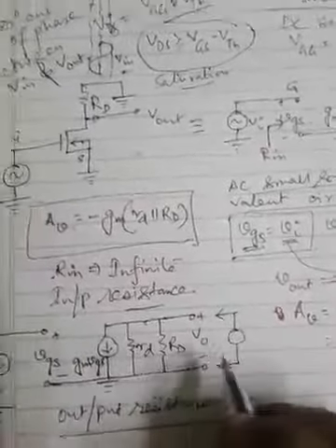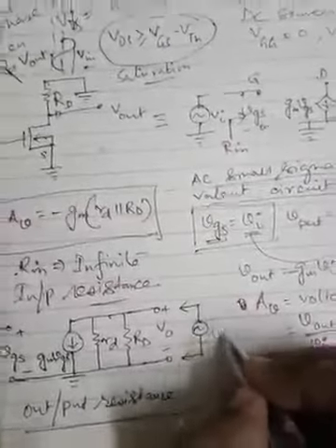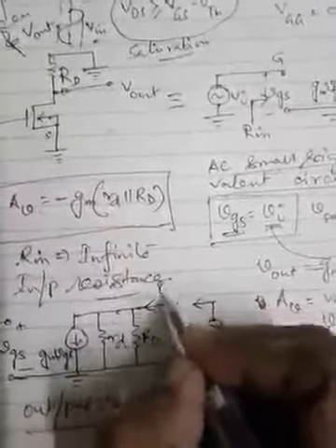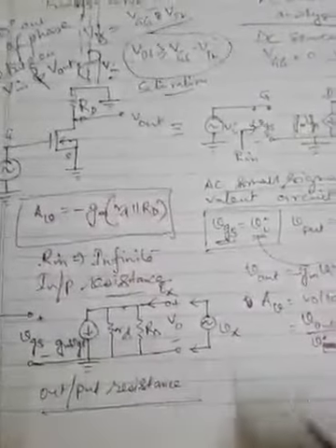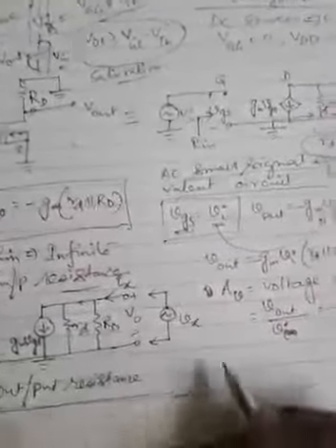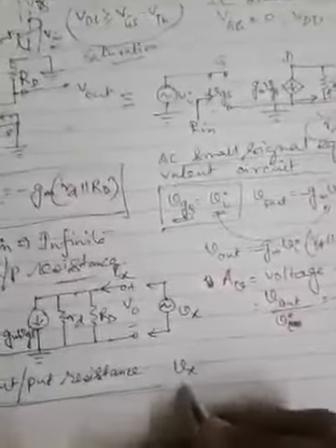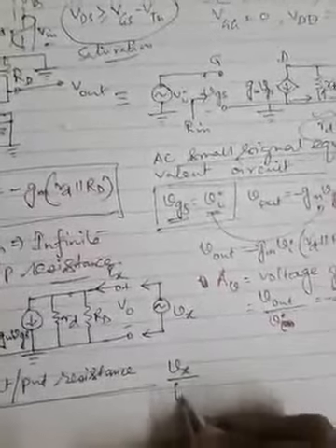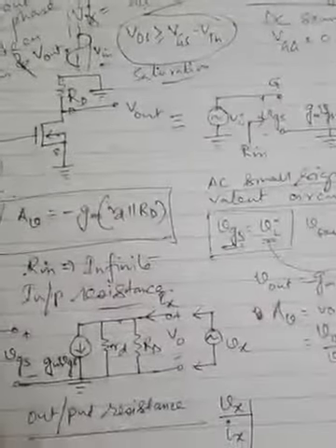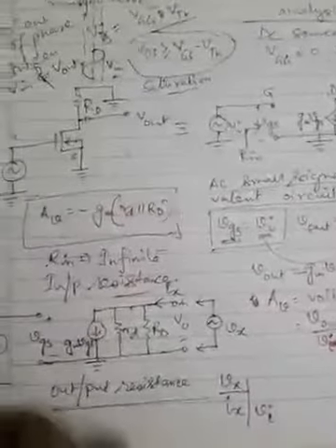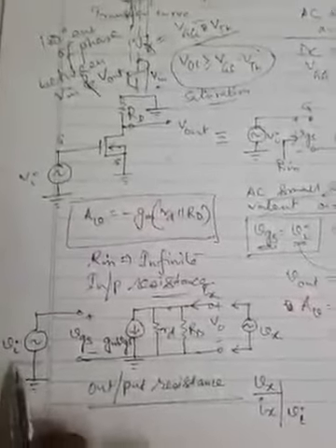So across the load, let a voltage source Vx be applied, which is driving a current Ix into the circuit from the output side. In this condition, the output resistance is given by output voltage by output current when the input voltage is considered as 0. That means any source present at the input side should be nullified, made 0.